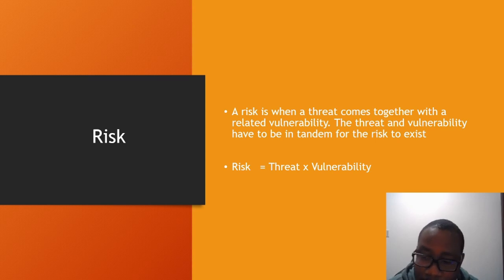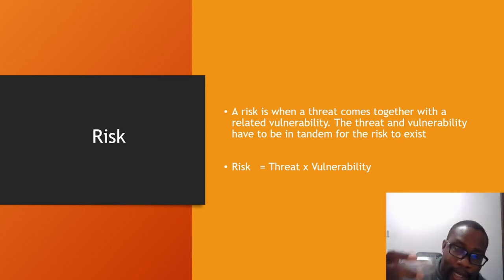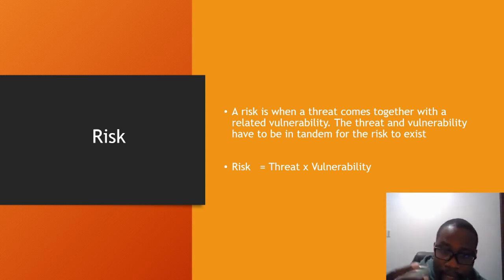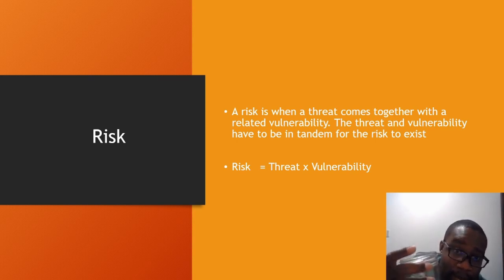So, just to put it in basic terms, say I have this glass right here, and it holds fluids. If there's a crack in this glass, that's a vulnerability. The crack would be a vulnerability.